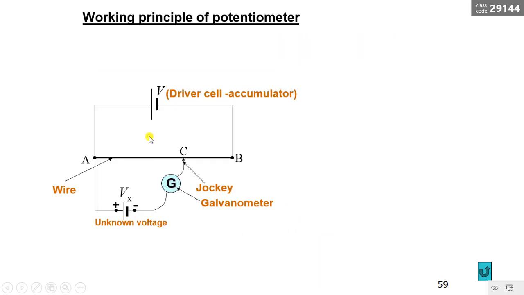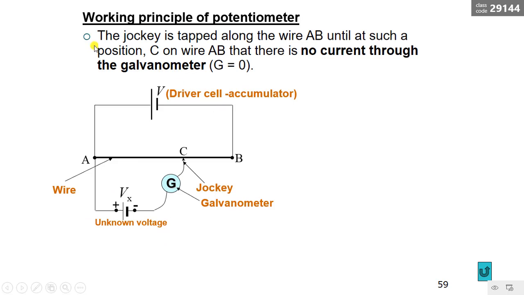What we are going to do is move the jockey, or tap the jockey along the wire AB until at a particular position, for example point C on the wire AB, we find that our galvanometer reads 0, showing that no current is passing through the galvanometer.